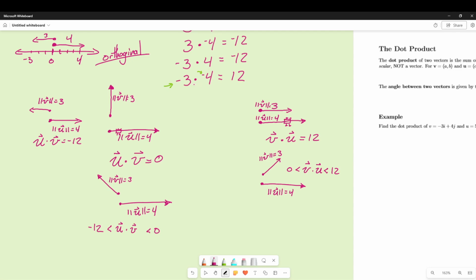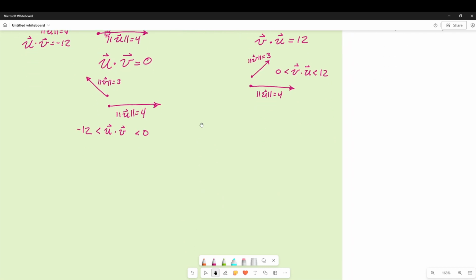Same thing if we had positive 3 and negative 4. They're headed in opposite directions. But what happens if we have a vector whose magnitude was 3, headed in what we think of as a negative direction, and then another vector whose magnitude is 4 headed in what we think of as a negative direction?